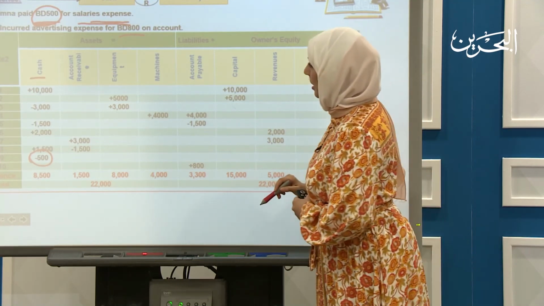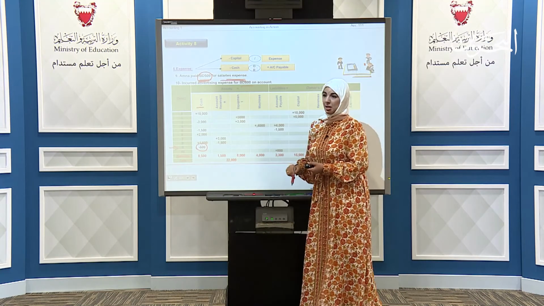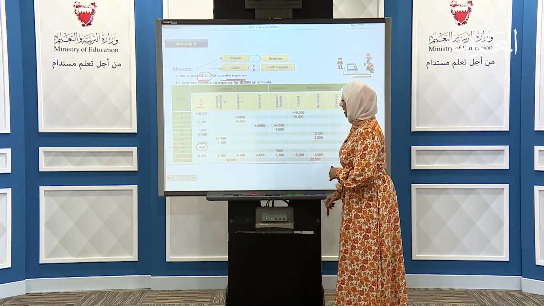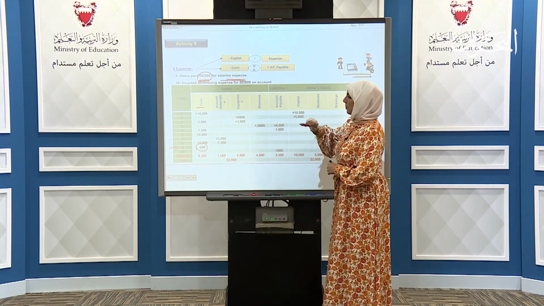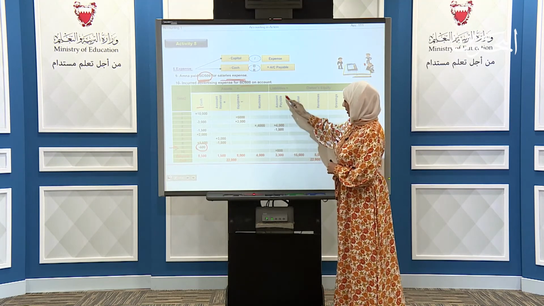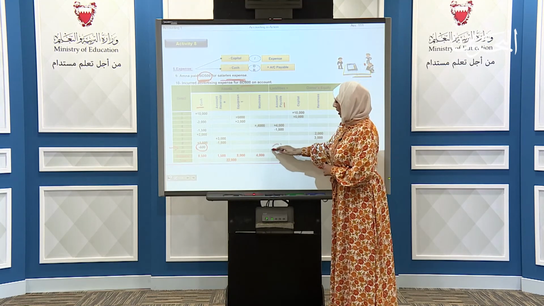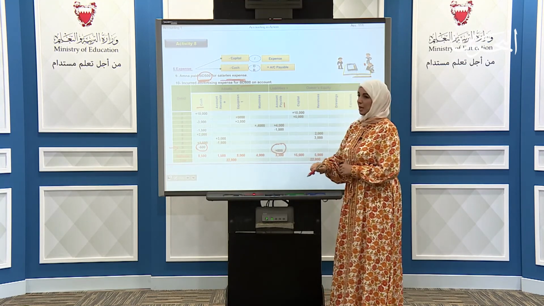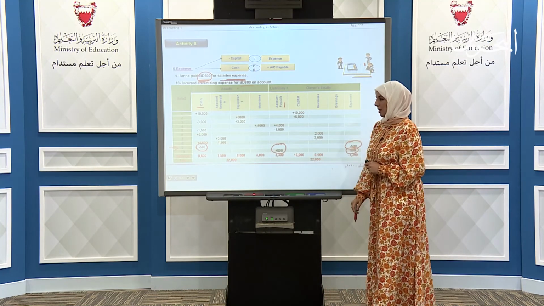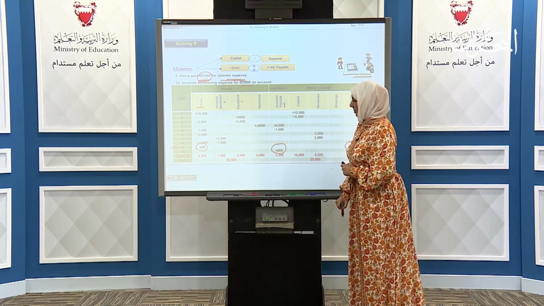Did I pay this expense? I didn't pay it yet. So, it is a liability for my company. I will come to the liability section. Under accounts payable, I will increase it by 800 because I didn't pay this expense yet.